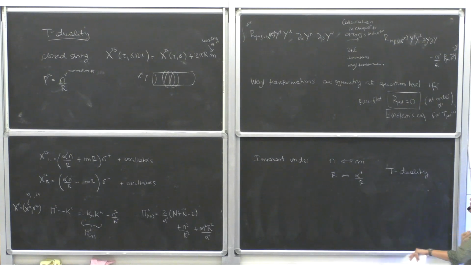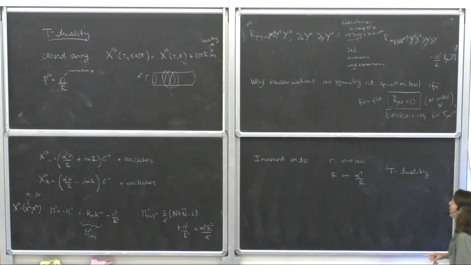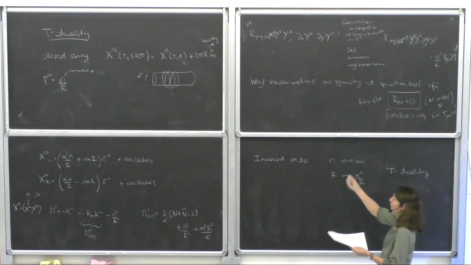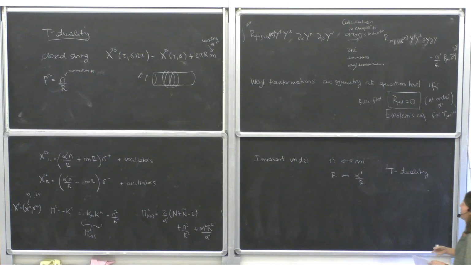And this is a symmetry that doesn't exist for point particles, because for point particles I have momentum, but I don't have this winding. So in point particles, you can have a circle of very large radius, or a circle of very small radius, and sometimes you don't know what to do if that radius is Planck size.